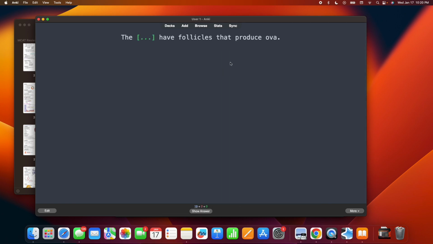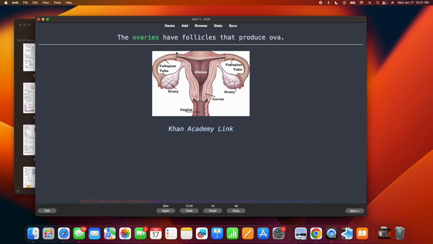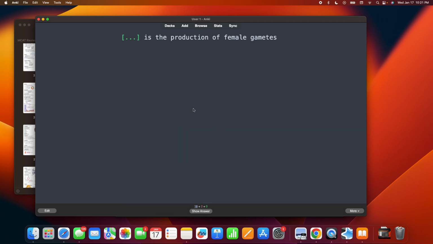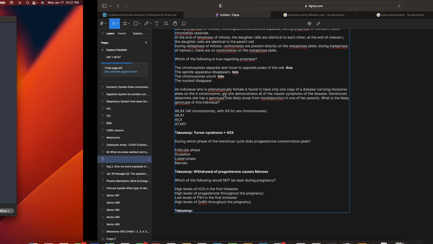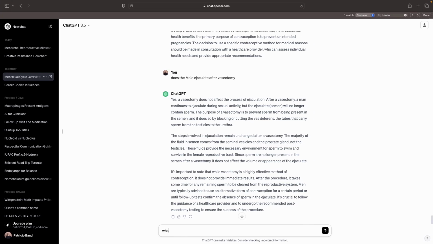What have follicles that produce ova? It is the fallopian tube. Ovaries produce ova, my bad. They have follicles that produce ova. What is the production of female gametes? So what are follicles in ovaries?